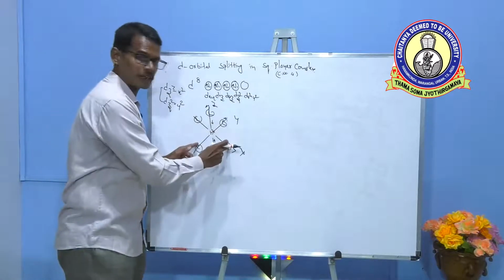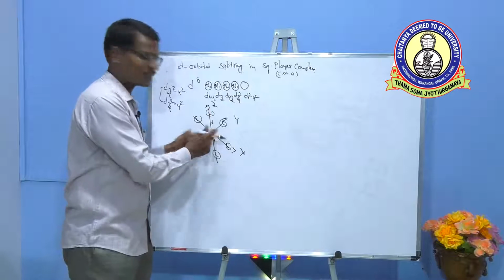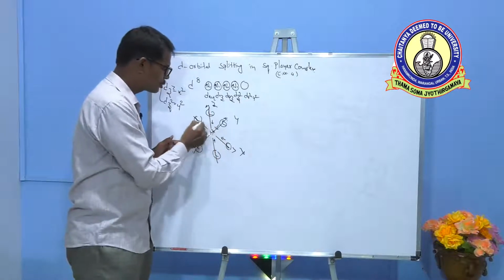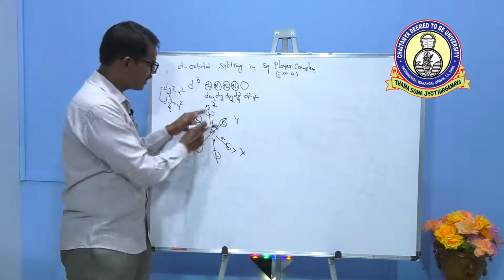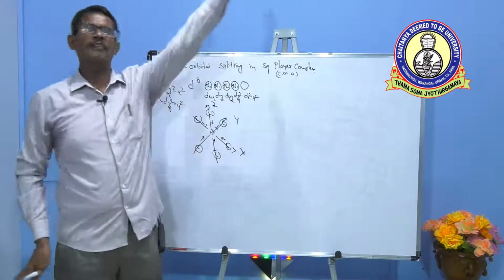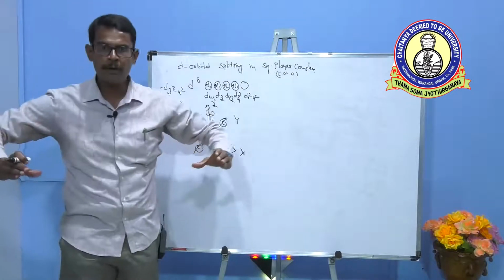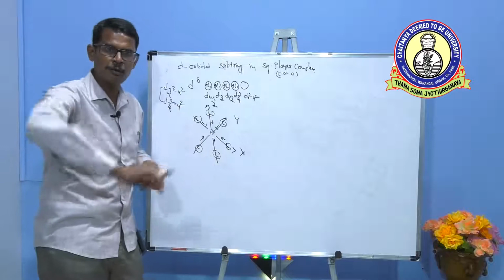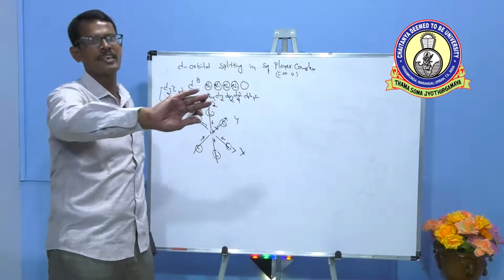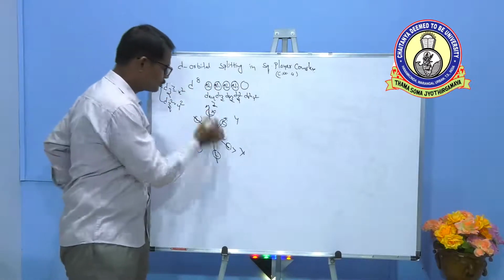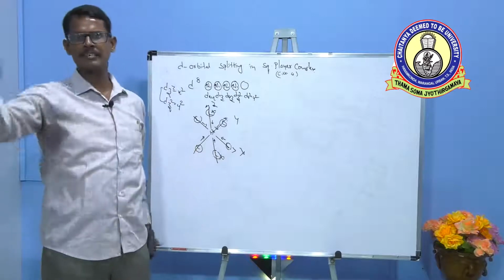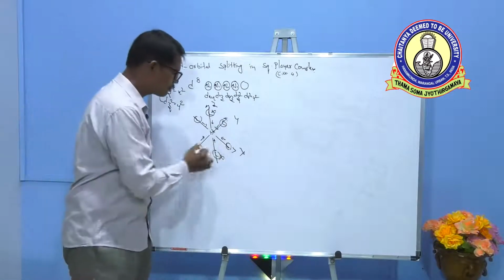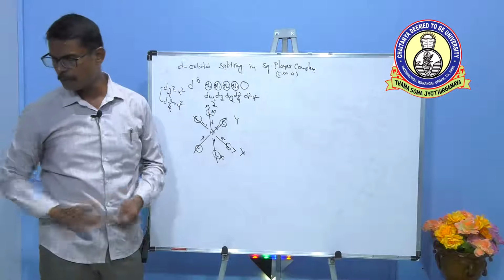The 4 donor atoms move towards the central metal ion closely, and the remaining 2 ligands move away. So when these 4 balls are pulled together, these 2 balls move away from the coordination sphere. Means these 2 donor atoms are unsuccessful in the bonding and these 4 donor atoms are successful in the bonding.